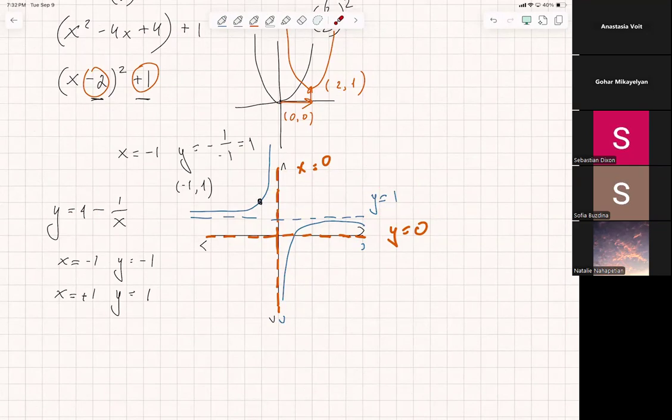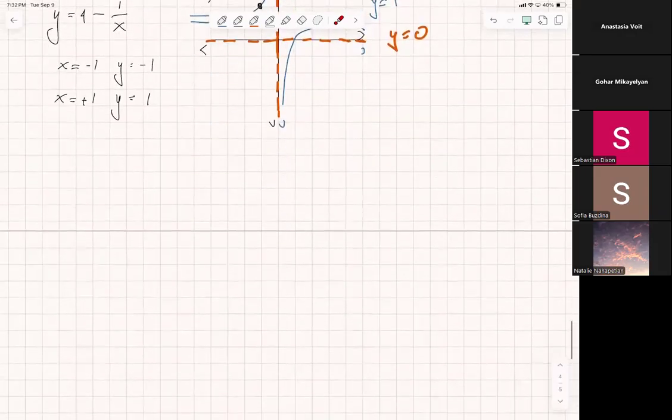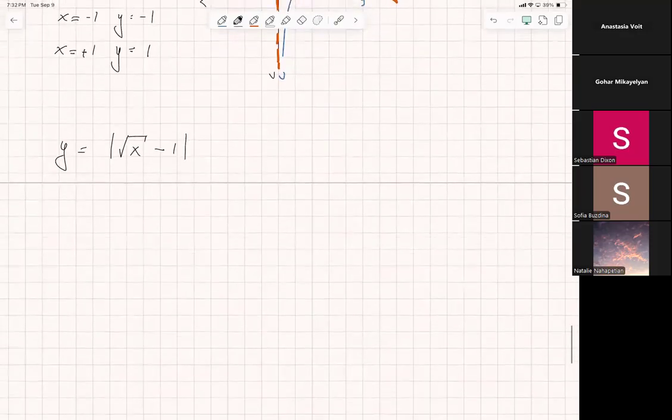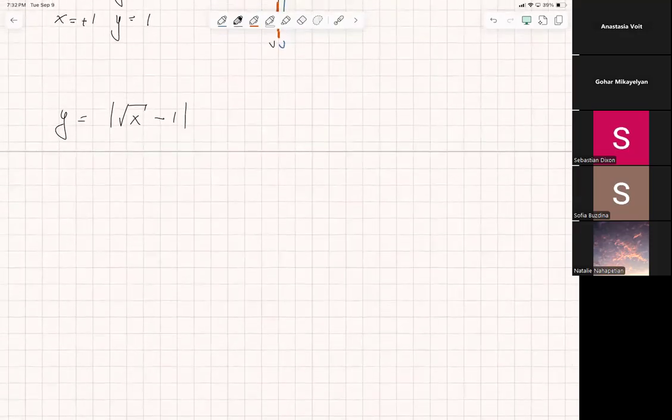So that's this one, and then another one that I wanted to show you that is, I think, fun. So y equals the absolute value of the square root of x minus 1. Okay, it's not as bad as it looks, because again, we start from the inside, right? So look for something that is easy to start with.